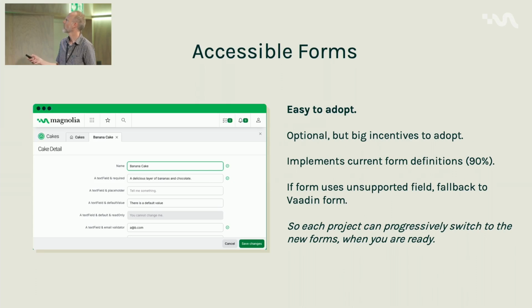So the way that works, why we say it's optional and easy to adopt, is that if your form is using a field that we haven't implemented yet, then it will just render the old form. Everything is still going to work.